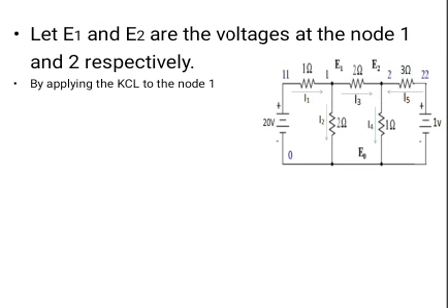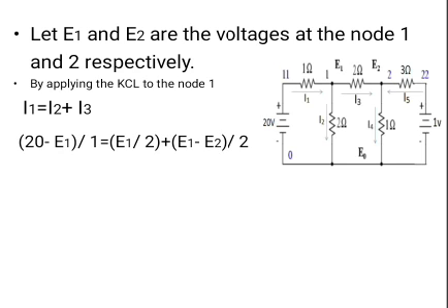By applying the KCL to node 1, I1 equals I2 plus I3. I1 equals 20 minus E1 divided by 1.